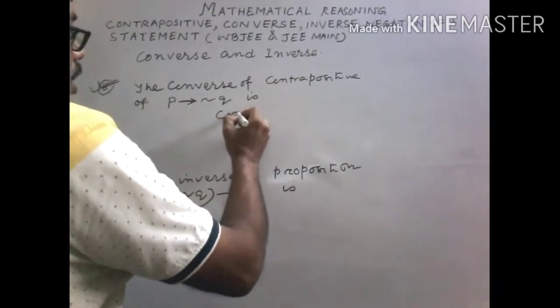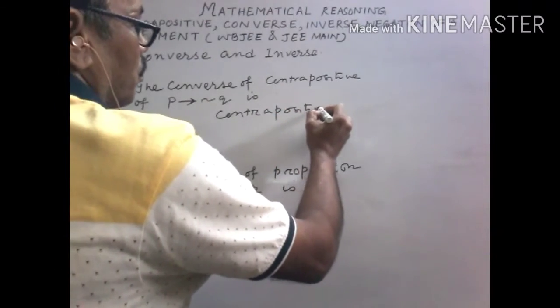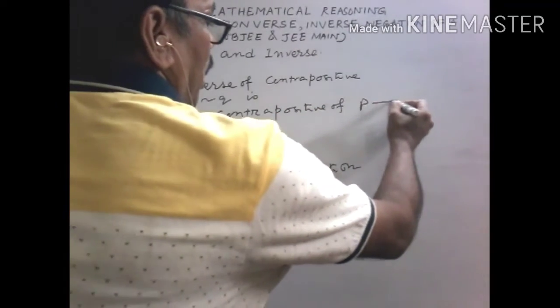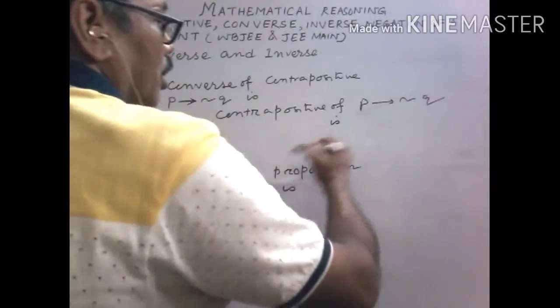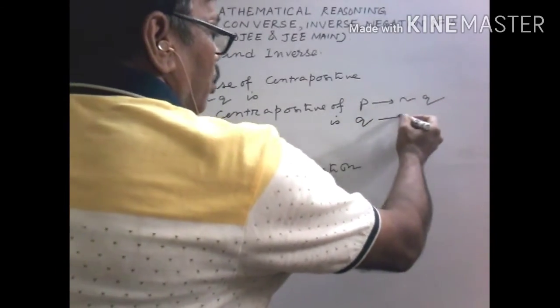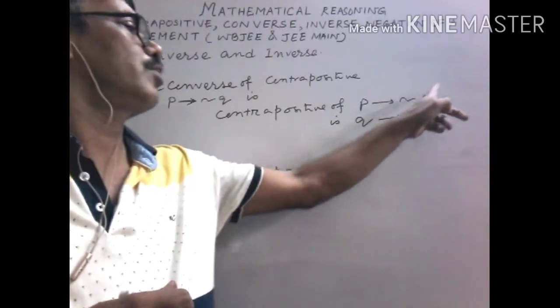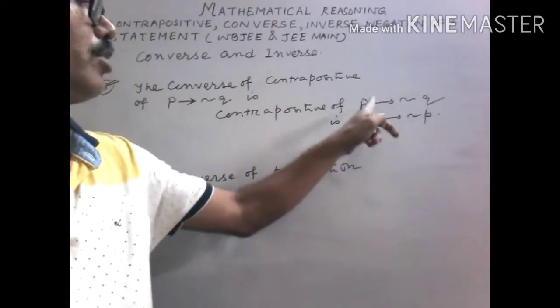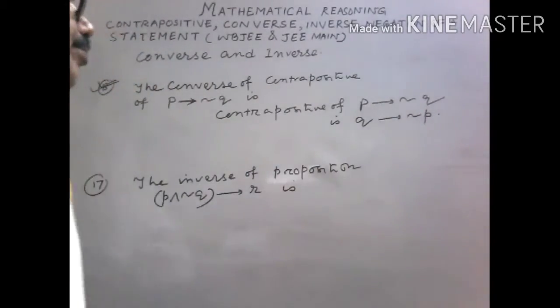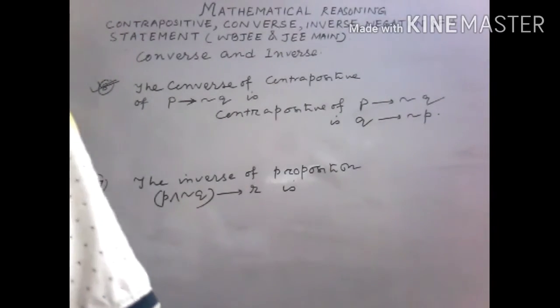So contrapositive of P arrow negation Q is Q arrow negation P. So negation of negation Q is Q arrow negation P. So this comes to left hand side, this to right hand side, then negation. So this is contrapositive of the statement.